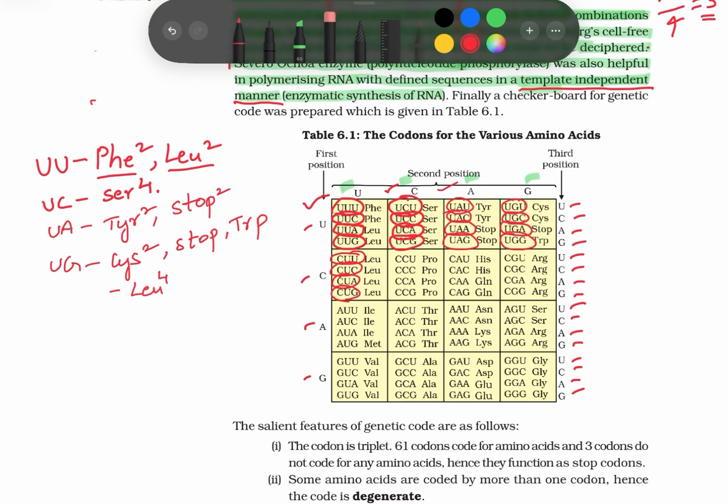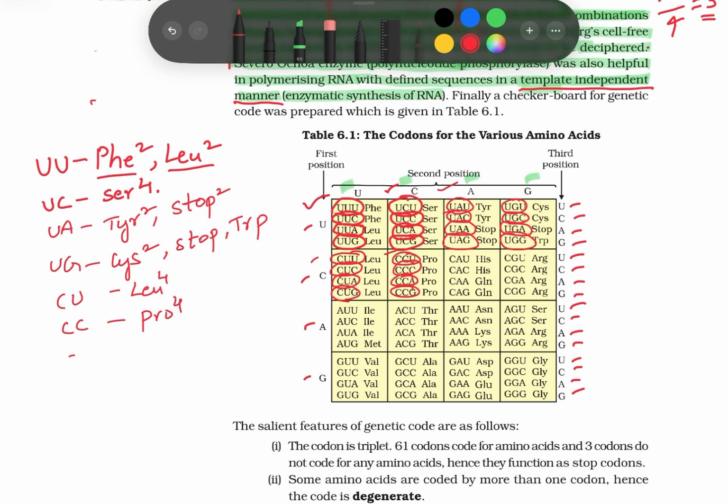CU sequence, all four are coding for leucine. And CC sequence, all four are coding for proline. CCU, CCC, CCA, CCG. So second row, second box done.